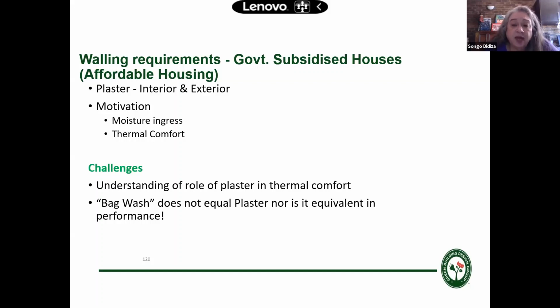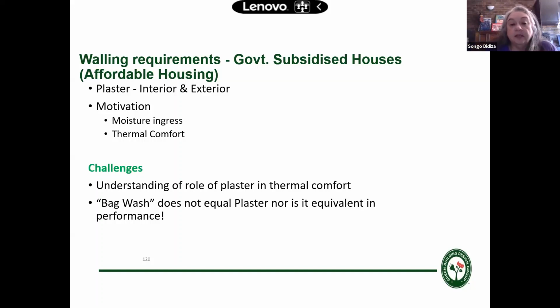If you understand that, you understand that bag wash is not equivalent to plaster. Does bag wash prevent the moisture ingress? No. Will the bag wash prevent the mold growth? No. And it's a health issue. Mold is a huge health problem, especially for children.